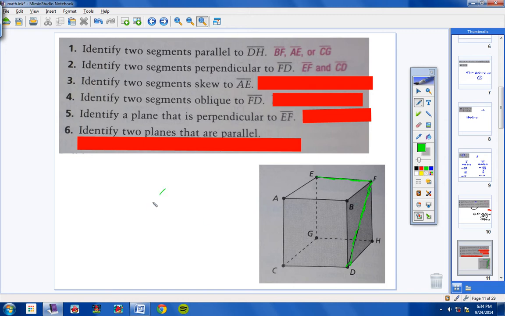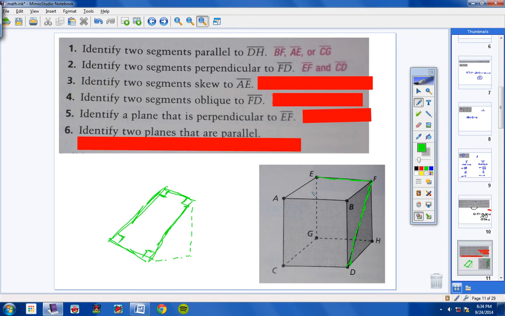If you had a slanted rectangular plane like this, I'll put some dotted lines here so you can see this thing's up in the air, you would still have right angles here and here and here and here.